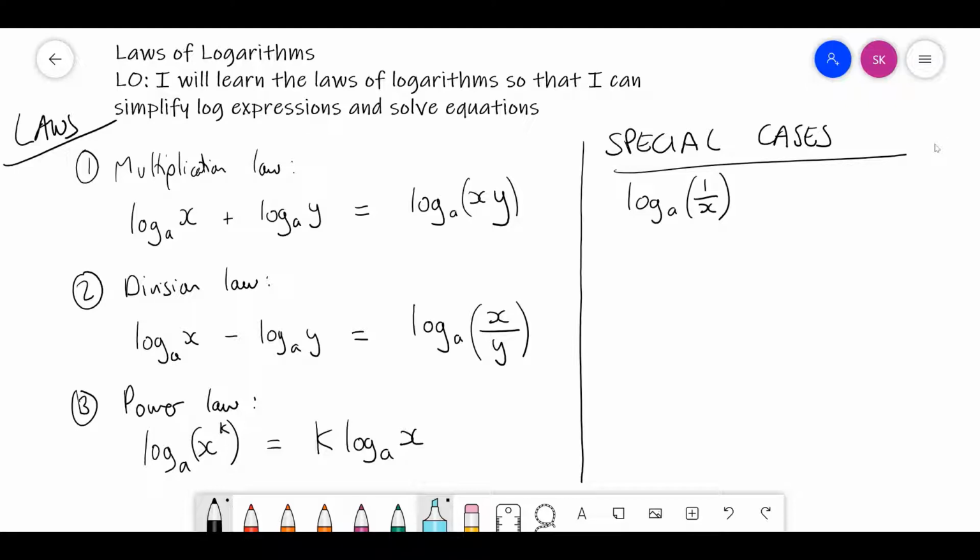So we're actually going to use the power law. 1 over x is the same as x to the negative 1. And so therefore, that is the same as negative 1 times the log with base a of x, or negative log with base a of x. So all I've done there is bring the power down to the front. So that's the first special case. Make sure you've written that down.